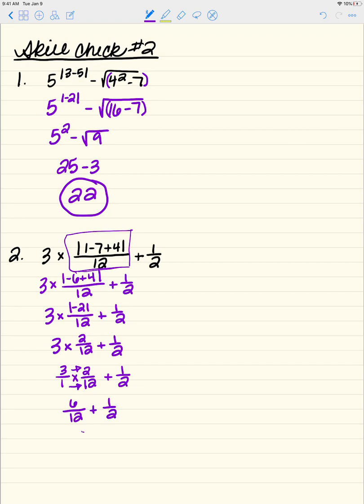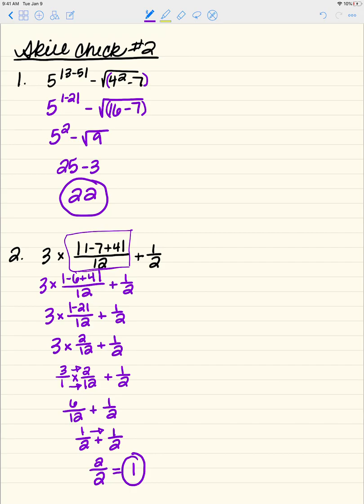Okay, reduce 6 over 12 to 1/2, and we have a common denominator, which is glorious, because that means we just add our numerators. 1 plus 1 is 2 over, the common denominator is 2, which simplified, because we always reduce our fractions to the lowest terms, equals 1. And that is how you tackle number 2.